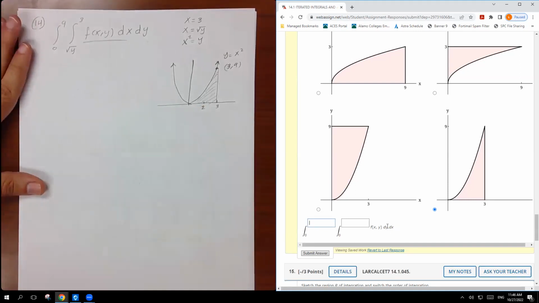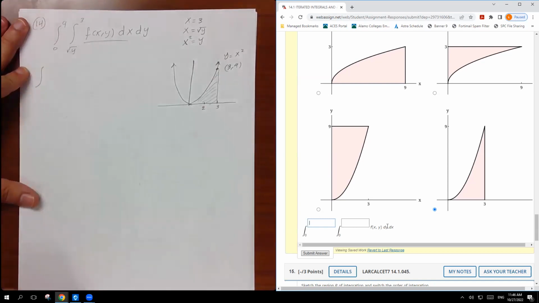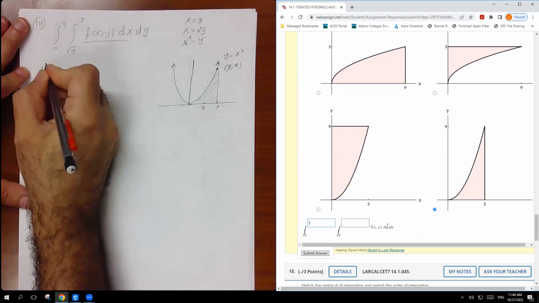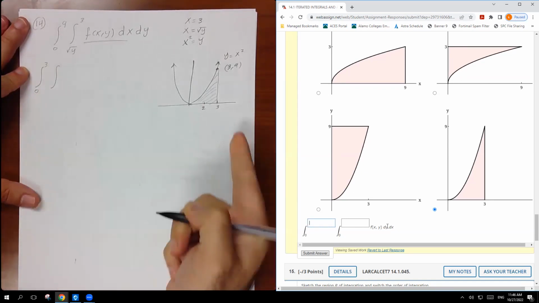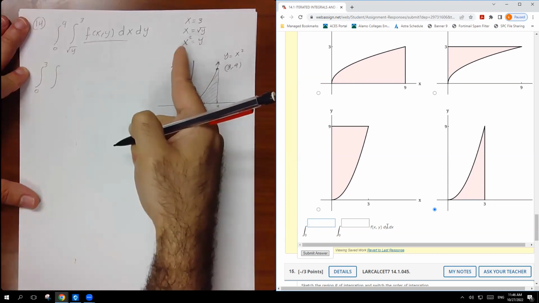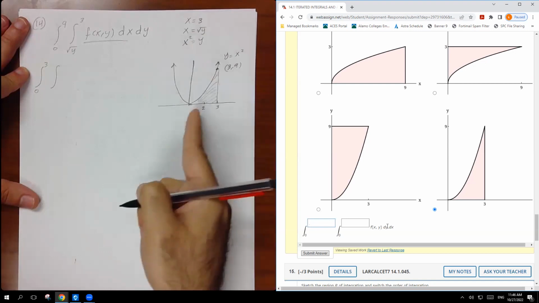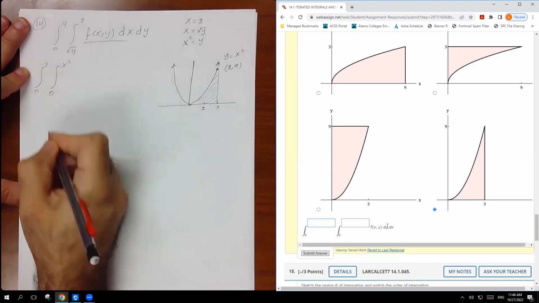Now, what I'm going to write down here, the outside boundary, because it's going to be x. So from 0 to 3. And the inside is for the y. So it's going to be y equal x squared and y equal 0. So from 0 to x squared.